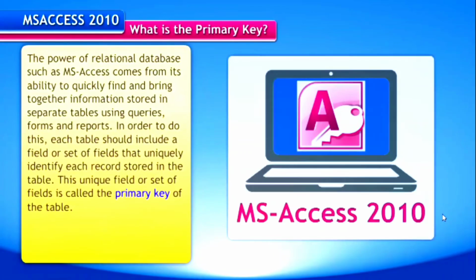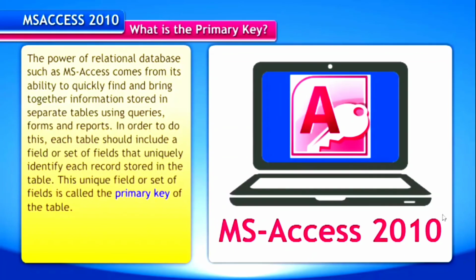What is the primary key? The power of a relational database such as MS Access comes from its ability to quickly find and bring together information stored in separate tables using queries, forms and reports. In order to do this, each table should include a field or set of fields that uniquely identify each record stored in the table.